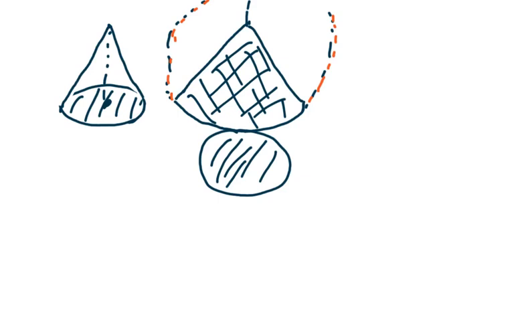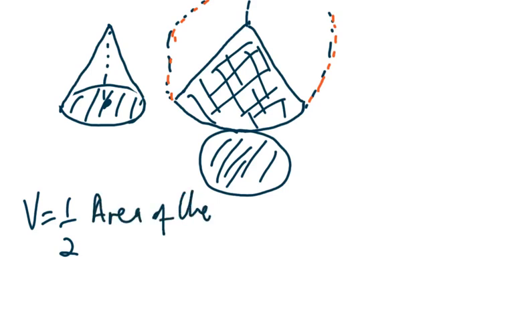So the volume of a cone, therefore, is given by 1/3 area of the base. But what is the base this time?